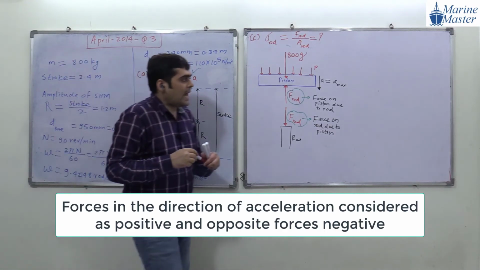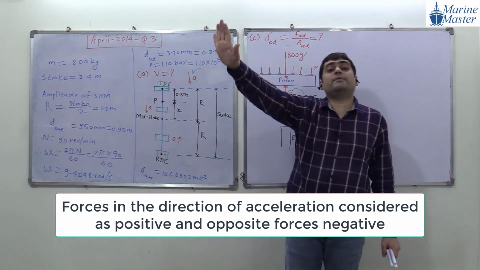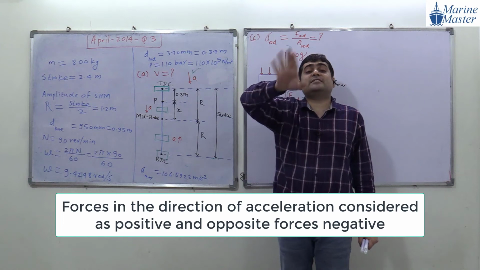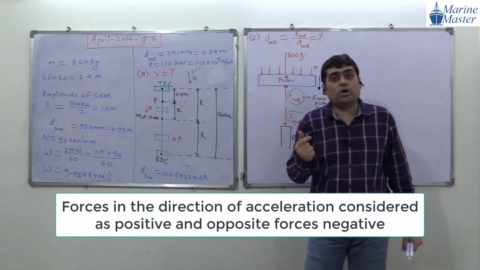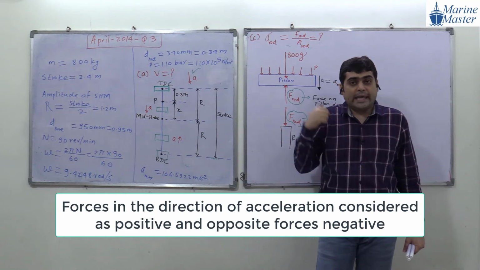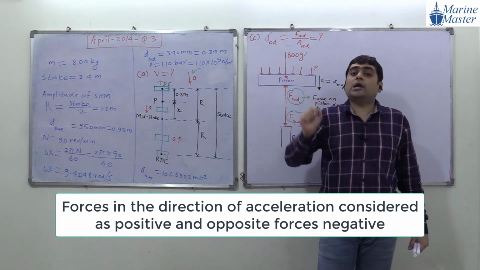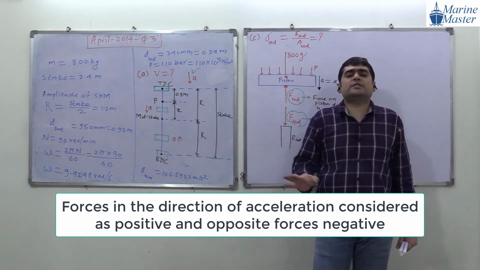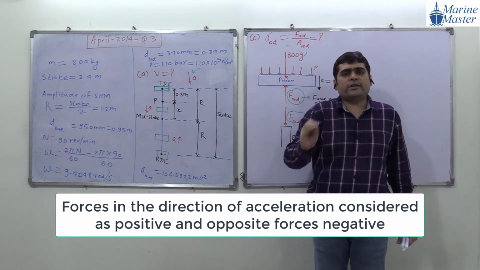So guys, why is the acceleration direction important to us? Because our entire mechanics depends on that law. Which law, guys? I told you, everything in mechanics depends only on Newton's three laws, and out of that the most important law is Newton's second law of motion.